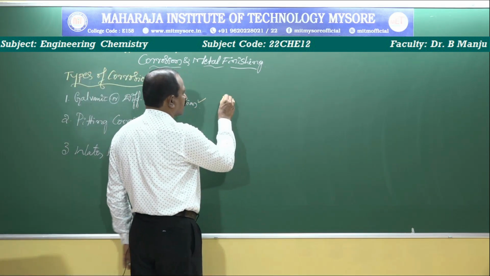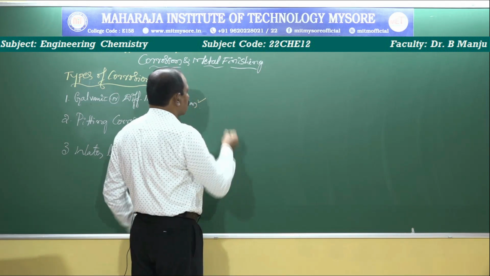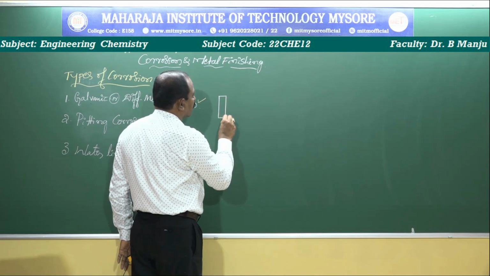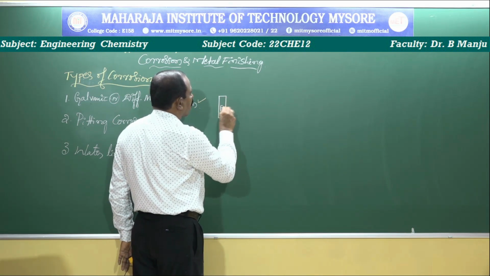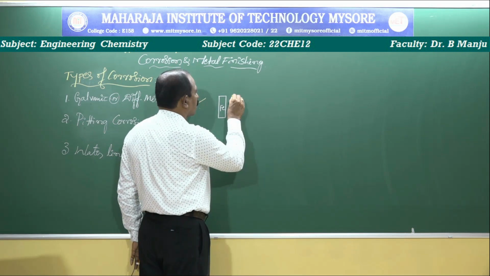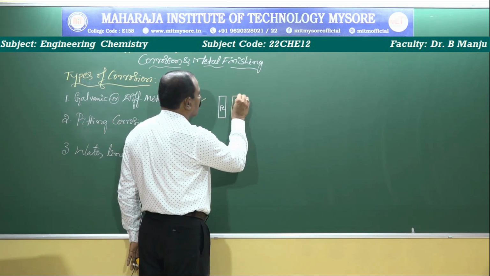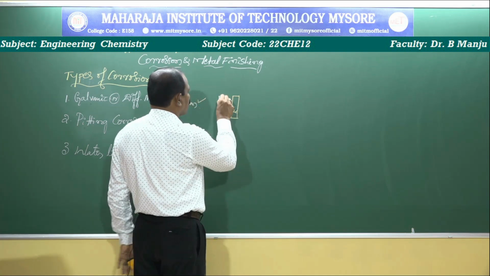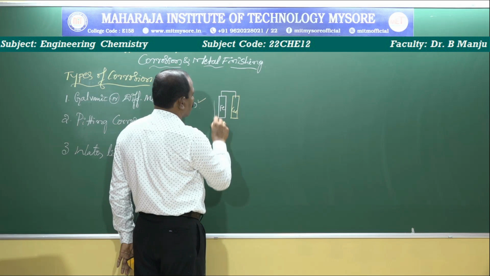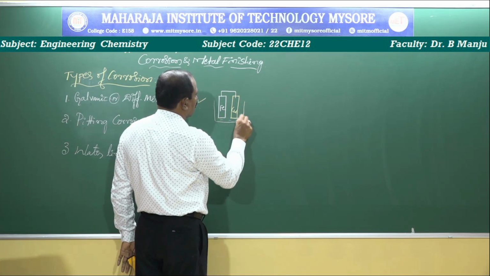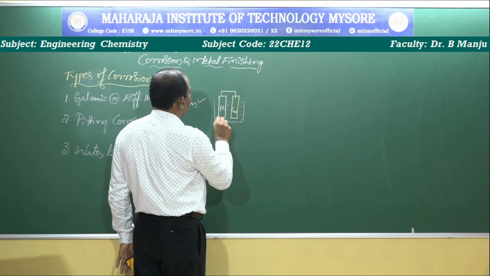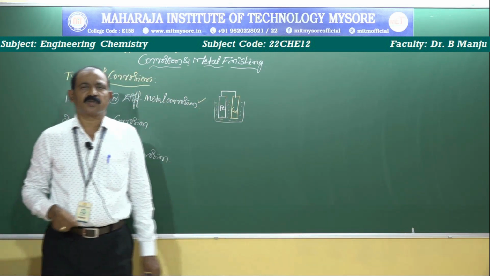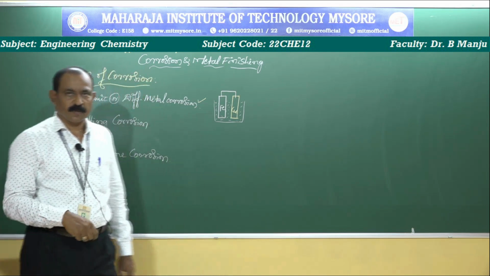For example, I will take iron and copper, because corrosion takes place either on the same metal or on different metals. These two are connected by an electrical wire and immersed in an electrolyte. One of the metals undergoes corrosion. Which one: iron or copper?